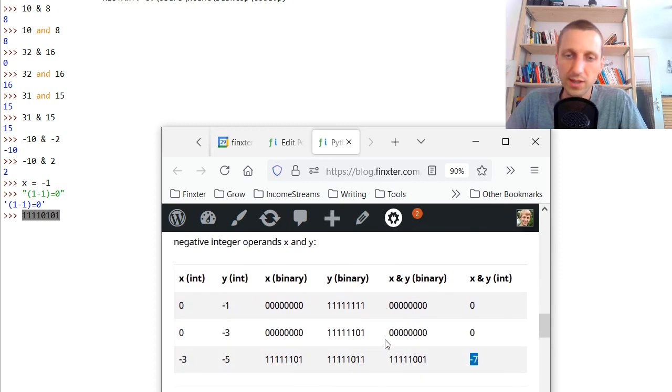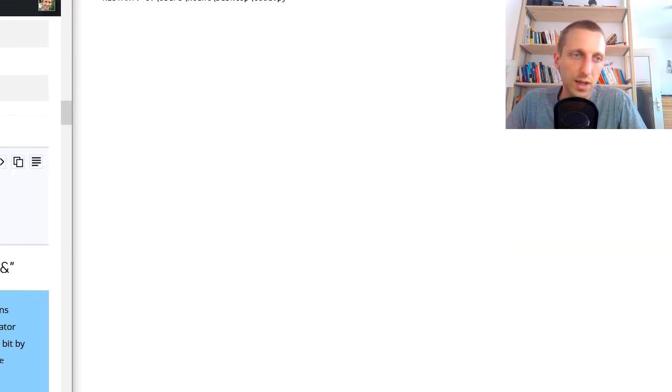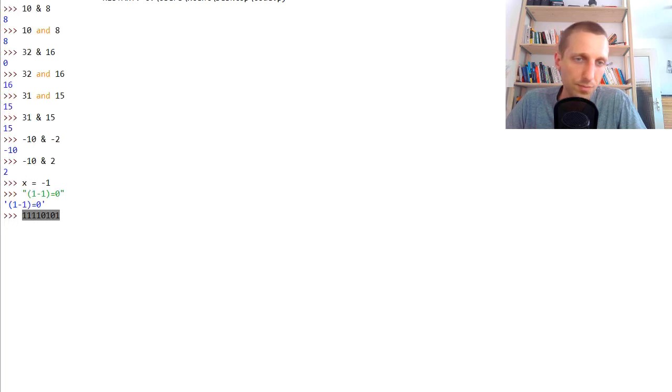Okay, so let's have a look at those examples in your Python shell to see whether we were right. So first of all, we have 0 and -1. Here we got the result 0, because performing bitwise AND with a number that is just a bunch of zeros will always be 0.